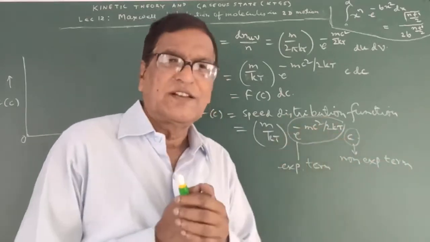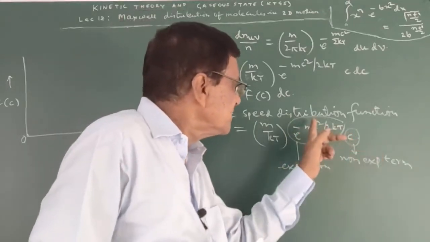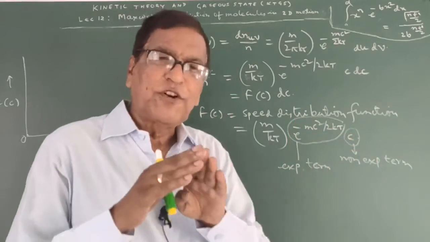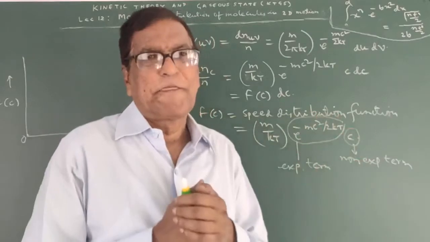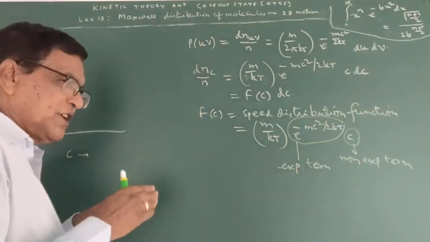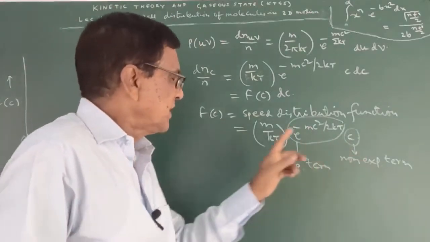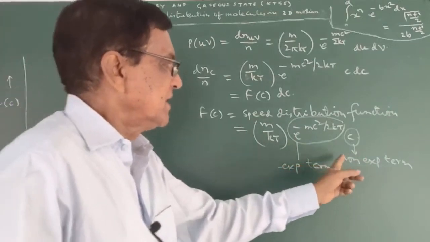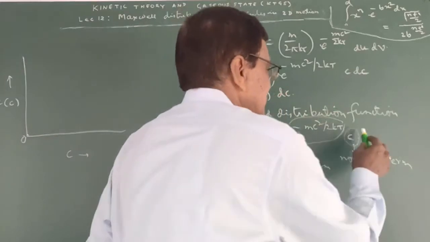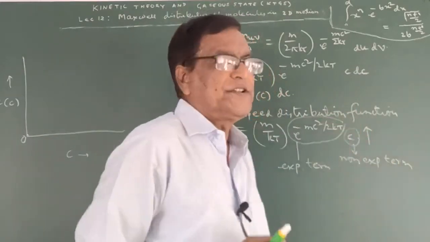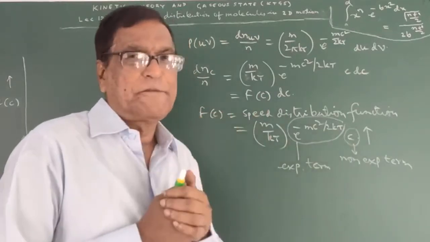But in 2D motions, in planar motions, it is c, not c square. So for a gas at a given temperature, m and T are constants. So for f(c) versus c, at the low value of c, the non-exponential term will be dominant, and when c is increased, this term will increase the value of f(c).